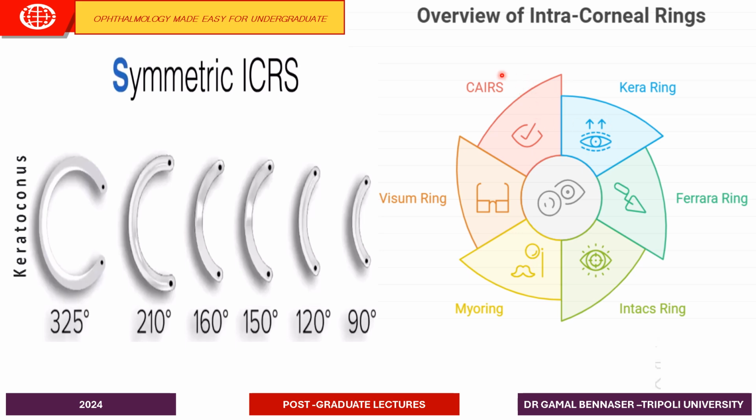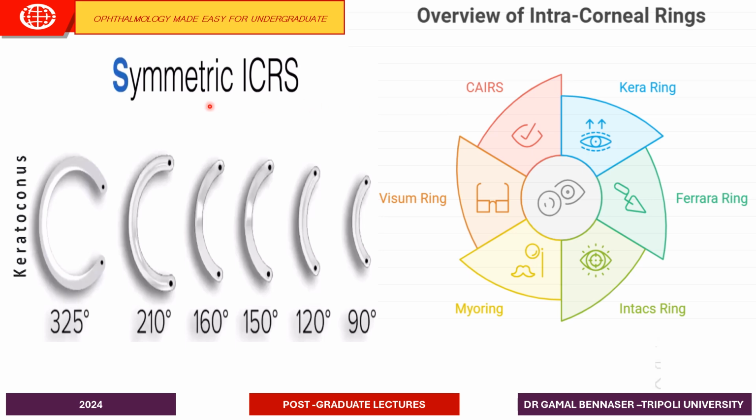We will speak in detail about the CAIRS because now this is a trend in the management of keratoconus. The others, we will not speak in detail about the different nomograms for each one. Generally, the Kera rings, the Ferrara rings, and the Mayo rings are triangular in shape. Intacs are hexagonal in shape, and Visiom is quadrangular. However, the CAIRS, as I said, is from allogenic graft.